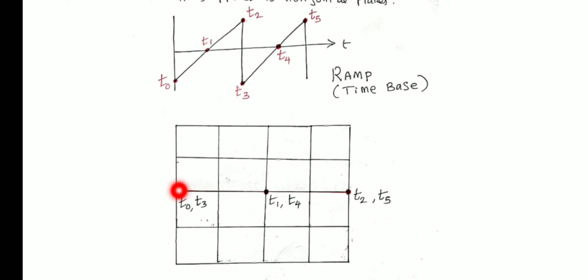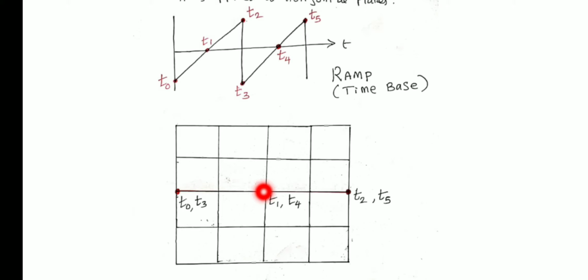Now from T0 to T1, the horizontal deflection plate voltage increases towards 0. Hence the luminous spot is moving towards the center. At time T1, look at the ramp signal. At time T1, voltage is 0. Now the luminous spot appears at the center of the screen.